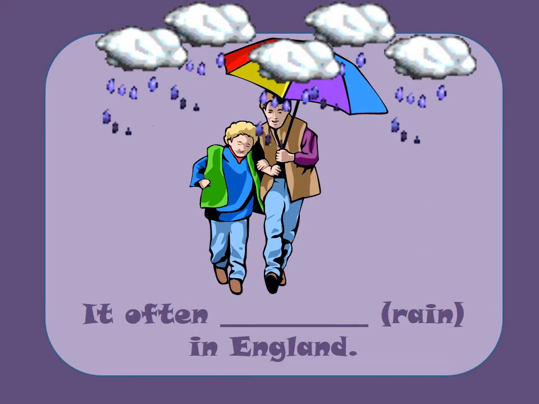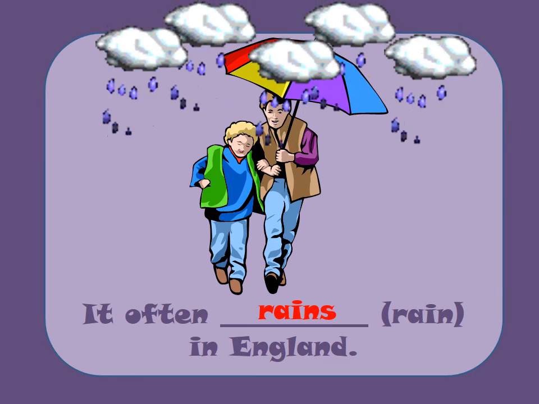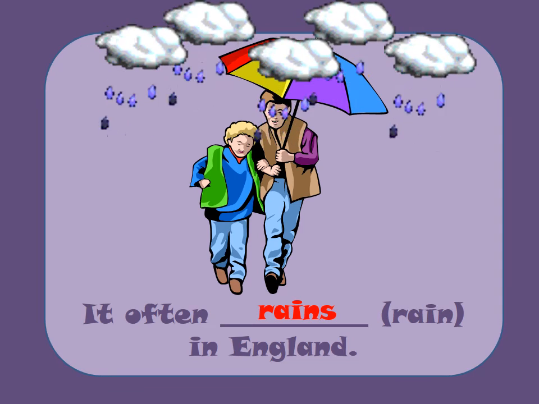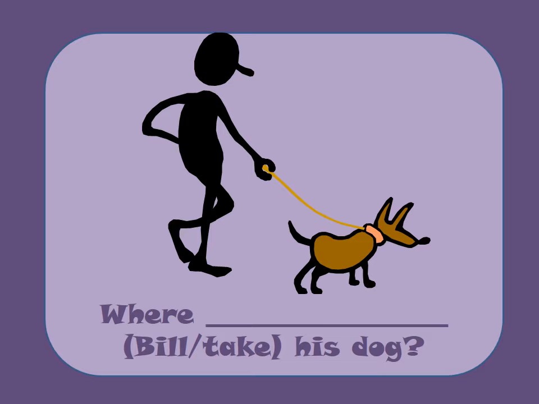It often rain in England. This is a fact. So it often rains in England. Where Bill take his dog? Bill takes what? Does. Very good. So where does Bill take his dog?